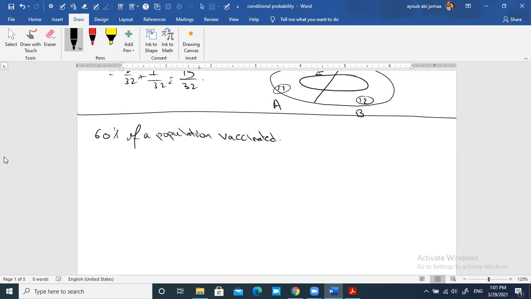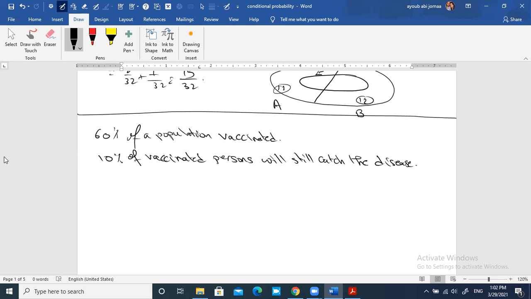They said the vaccine is not perfect, and 10% of vaccinated persons will still catch the disease.